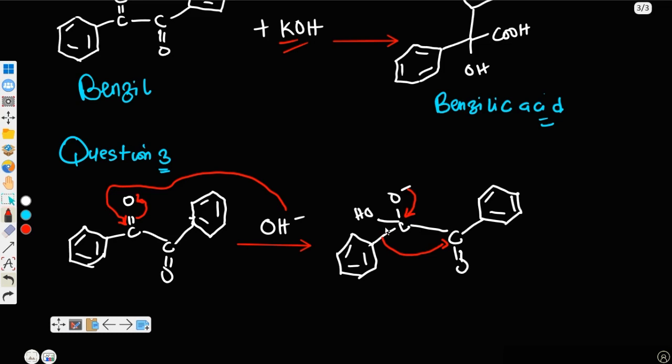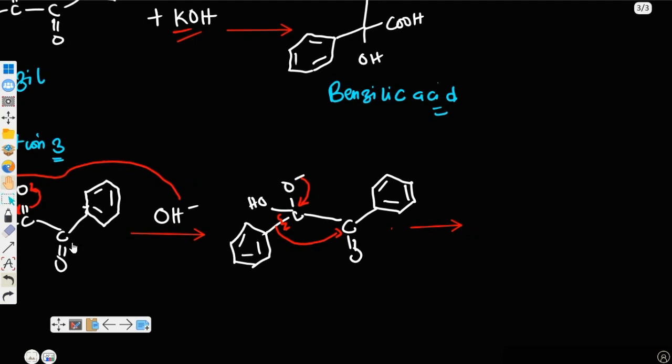So what we are actually doing is cleaving this bond from here, taking it away to this position. Is that okay? So what are you expected to form? You will form something like this. All right, this is going to form something like this.